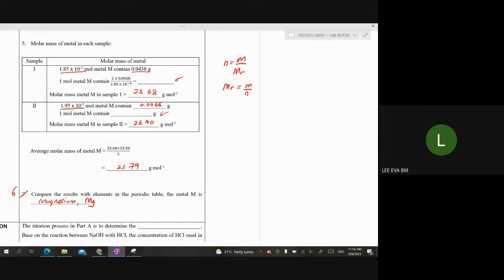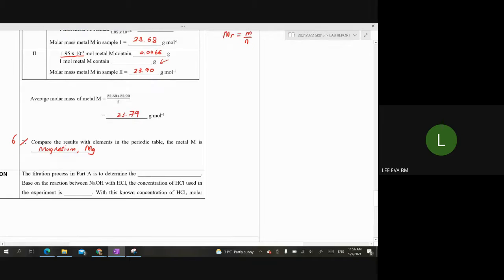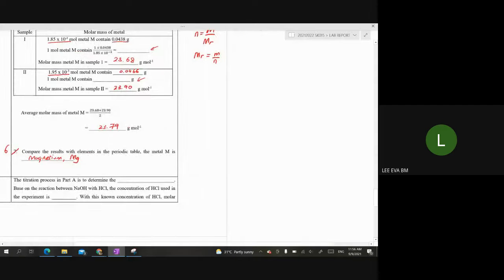So magnesium, the theoretical molar mass of magnesium is 24.3 grams per mole. As you can see, you got 23.79 from the data, so it's slightly less than that. It means there are some errors or inaccuracy throughout the experiment.